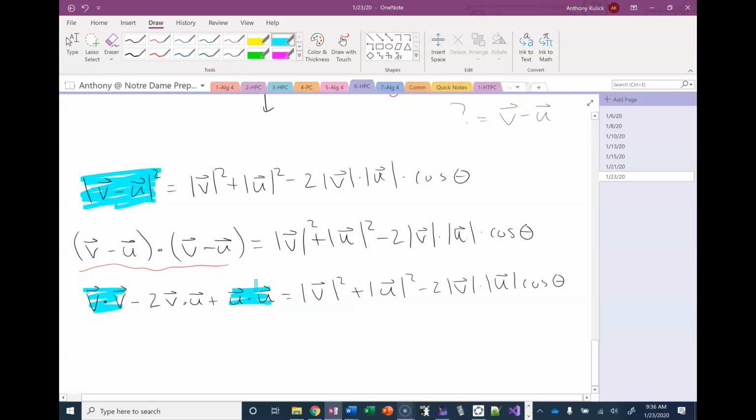So if I notice I have a vector dot product itself, right? Which property of vectors applies in that situation? The magnitude property. So I can rewrite those as magnitude of vector v squared.